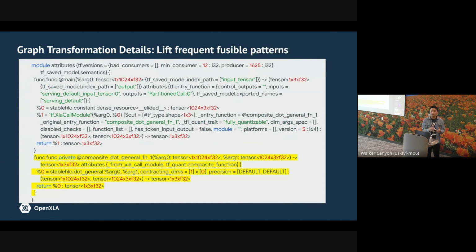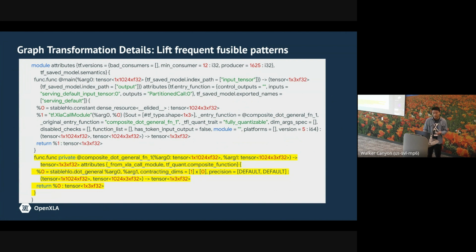The first thing we do is to identify the ops that we want to quantize. For this example, it is the dot_general itself. So we wrap this into a composite dot_general function. And in the main function, there's a TF XLA call module, which basically wraps this function.